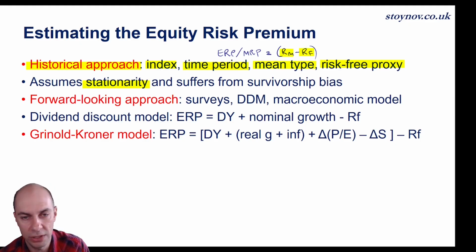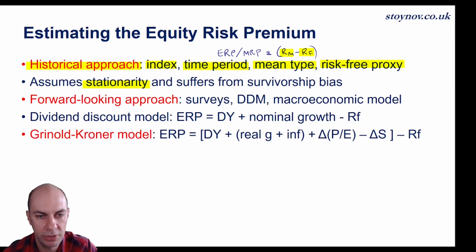And we know in reality that is not the case. Sometimes we get 10 years of bull markets, followed by what they call the lost decade. So it depends really what time period you take. So that historical backward-looking approach is going to suffer from that stationarity assumption.